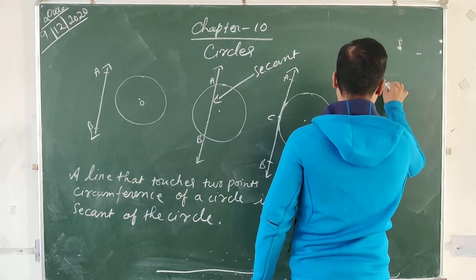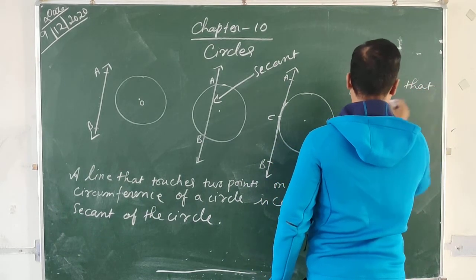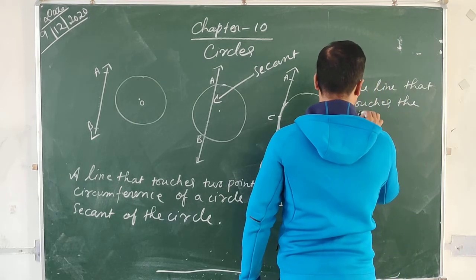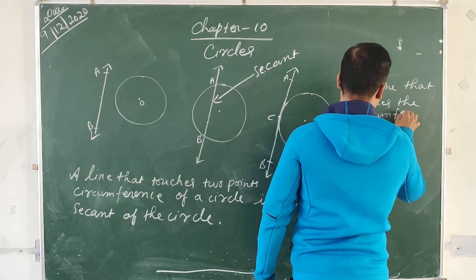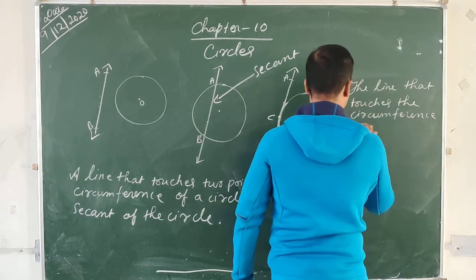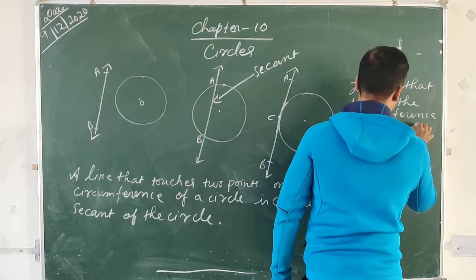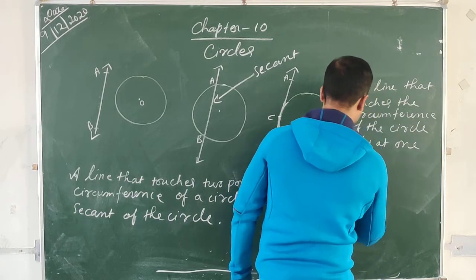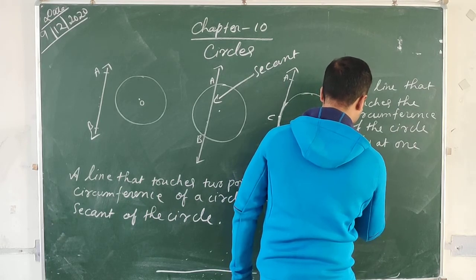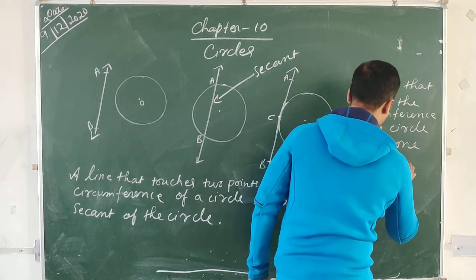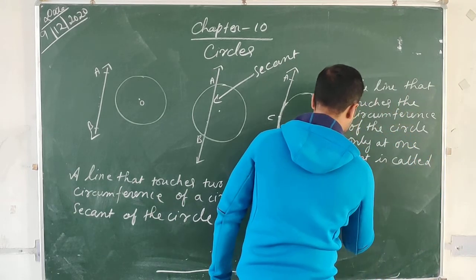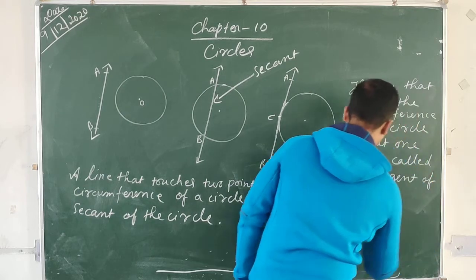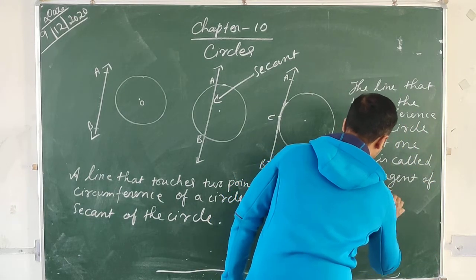The line that touches the circumference of the circle only at 1 point is called the tangent of the circle.